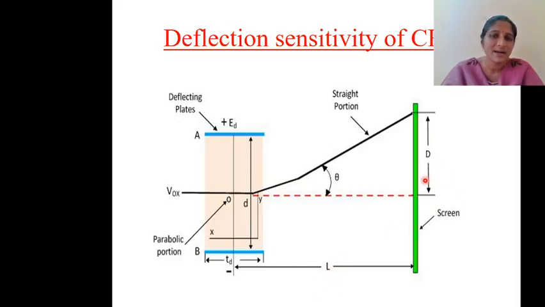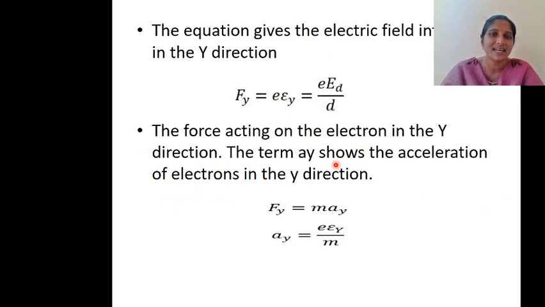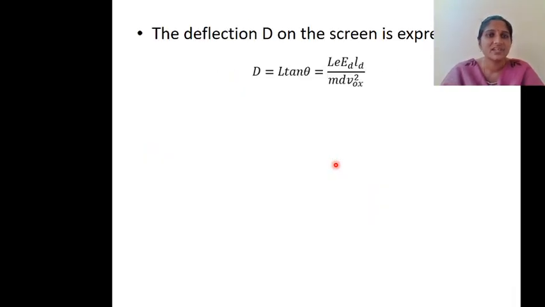So then what is capital D? D is equal to L into tan theta. Now substitute tan theta in this equation. Substitute the tan theta which you have found earlier, then you will get D equal to e E_d l_d L by m v_ox squared.